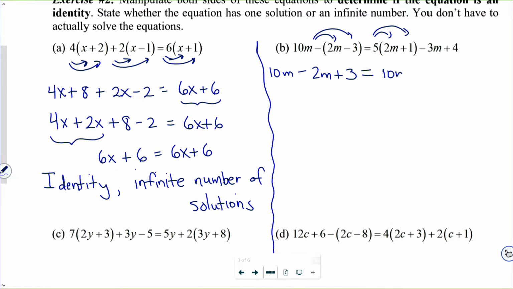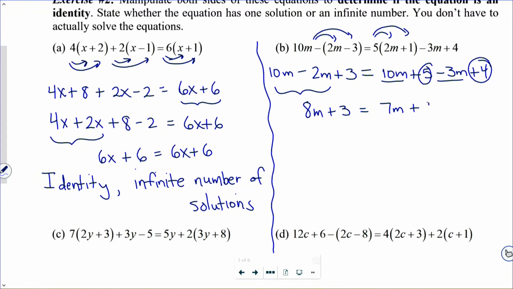That's going to give me 10m plus 5 minus 3m plus 4. On this side, I can say 10m minus 2m is 8m plus 3. On this side, I'd have 10m minus 3m, which would be 7m. 5 plus 4 would be plus 9.